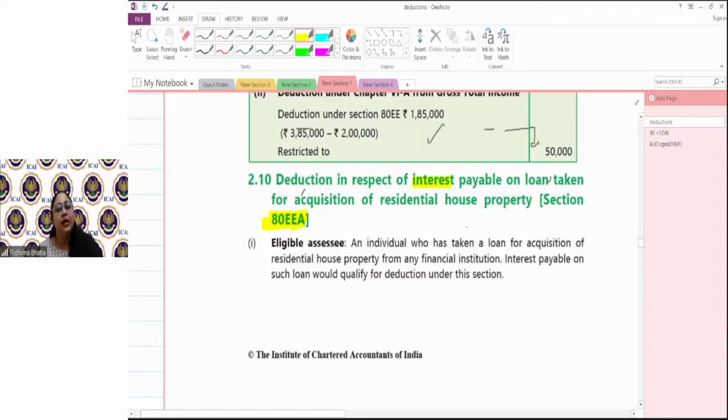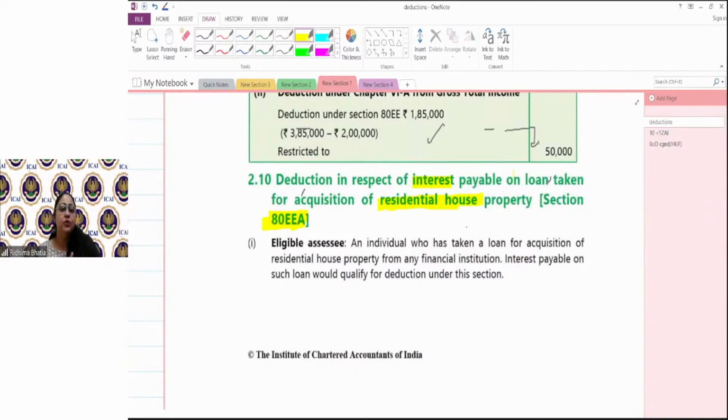This is also the same. Which is again, I told you E for education, interest on education. EE means residential property, but the 16-17 one. EEA is again residential house property, interest on loan for the residential house property you can claim under 80EEA. But when to go for EEA?